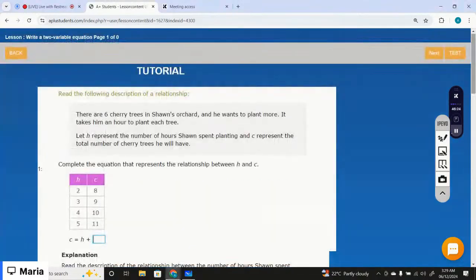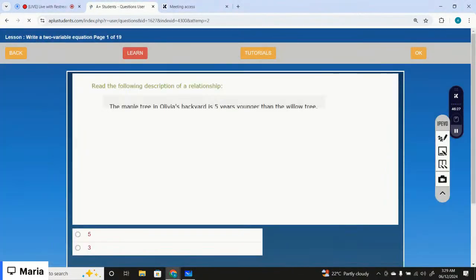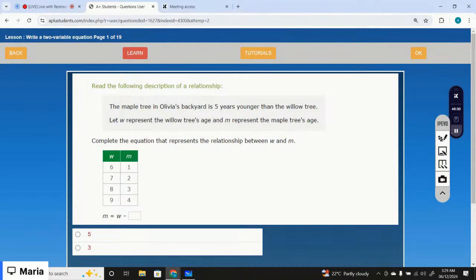Okay, let's just start with the test questions. Complete the equation that represents the relationship between W and M. Okay, so you have to see what number you are subtracting from W so that you can get the different values of M. 6 minus 5 is 1, 7 minus 5 is 2.